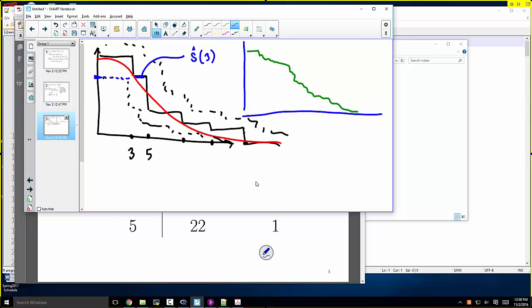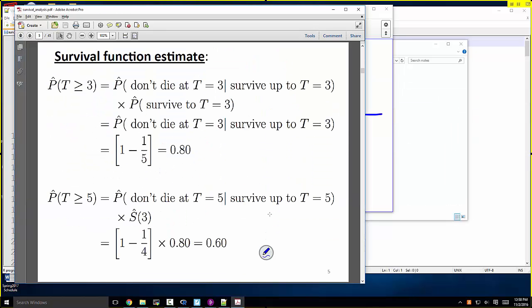So the probability that I'm going to estimate for this conditional piece is what proportion of the people at risk at time 5 continued on past time 5. That would be 3 out of 4, because 1 out of the 4 died.